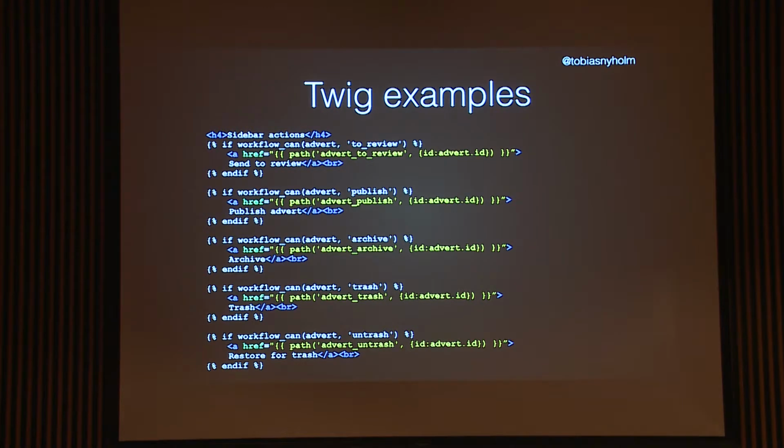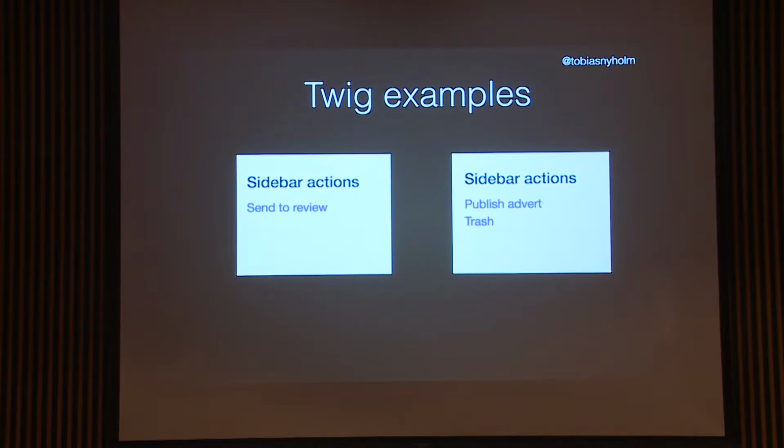And this is actually the code for that sidebar. If the workflow is in a state where I can publish, then show the publish link. If it's in a state that I can trash it, show the trash link. So the same sidebar renders differently depending on what state my blog post or my advert is in.